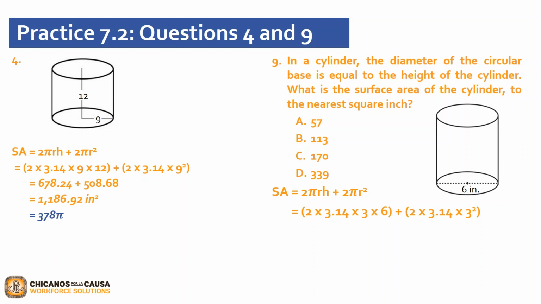And we're going to add 2 times 3.14 times 3 squared, which gives us a total of 169.56. However, we want to round it off to the nearest square inch. So then our answer will be 170.